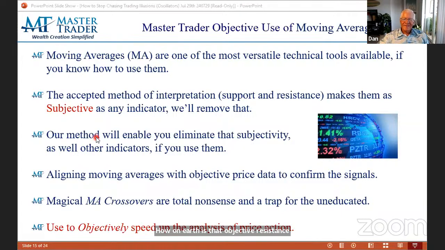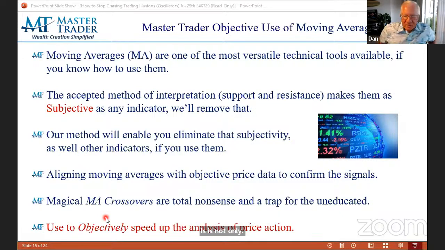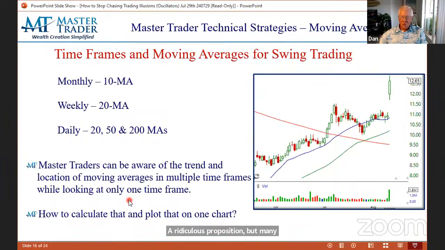And so they're late by definition. To say, oh, this 20 crossing the 50 or 50 crossing the 200 is a buy signal is not only a ridiculous proposition, but many times it's the absolute worst time to get in. So it's another one of these misnomers of the subjective oscillator people.